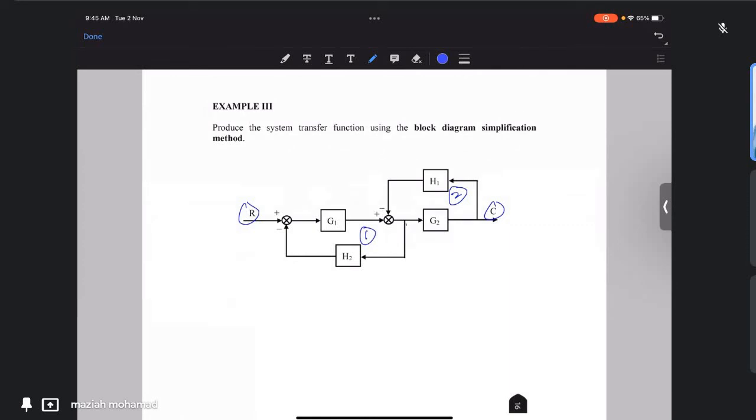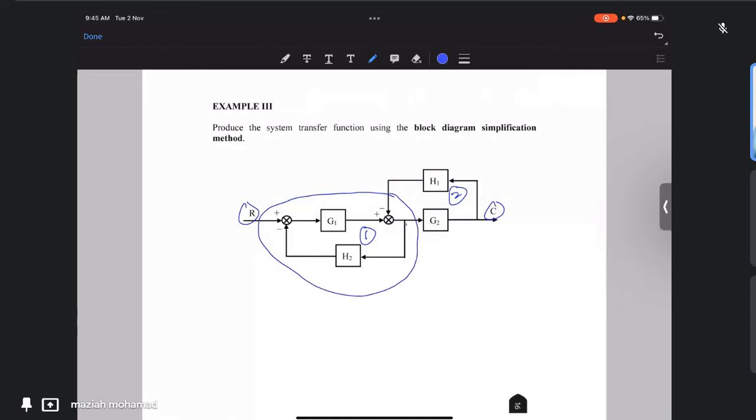We know it is feedback loops. Now let's determine whether there is a summation point or pick-off point that prevents us from solving the problem. Let's consider the first loop here.